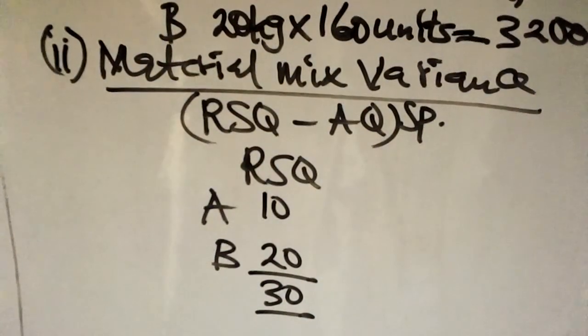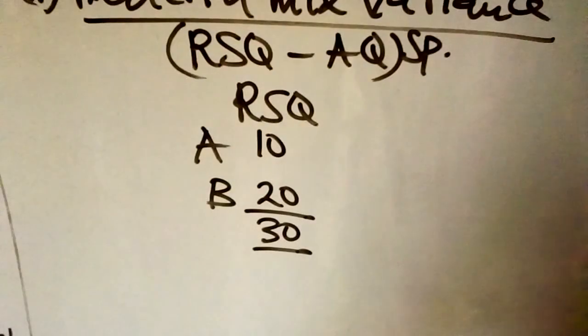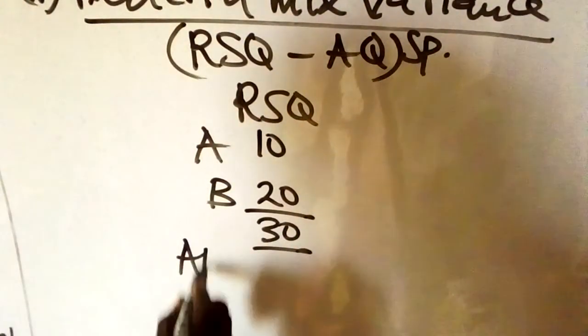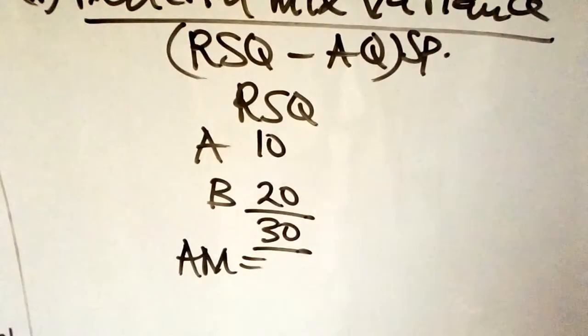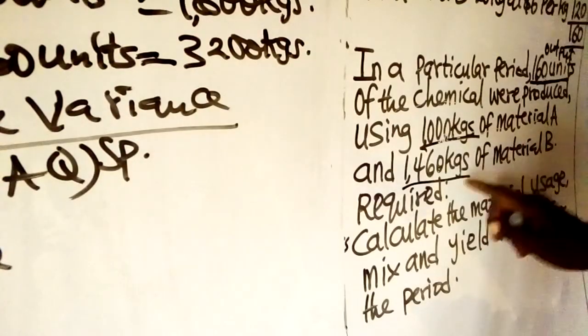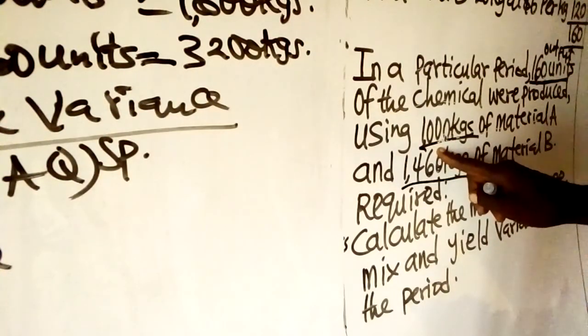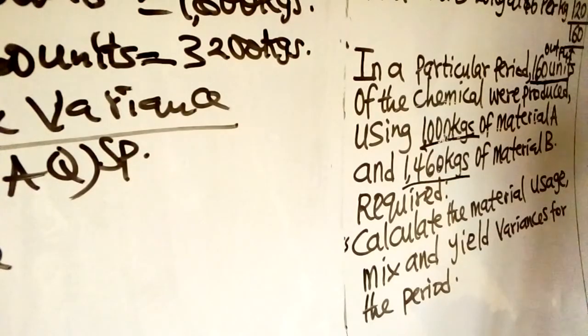Now, how much is the actual mix? I've told you that the actual mix is the total of the actual input. The actual input of material A is 1,000 kgs and that of material B is 1,460.